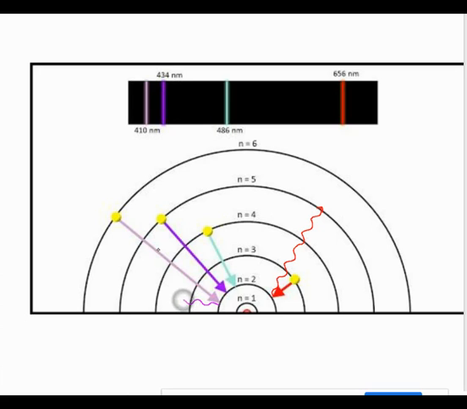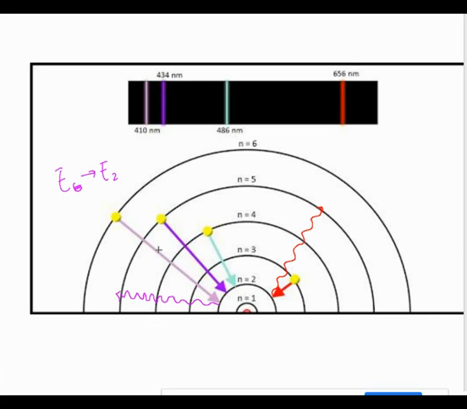So this is a high energy, and I should have drawn it a little bit closer together. So these are a shorter wavelength, right? There we go. So shorter wavelength color is given off because this is more energy. The transition was E6 all the way down to E2. So the big difference between their energy levels corresponds to high energy, which is a short wavelength, which is violet.